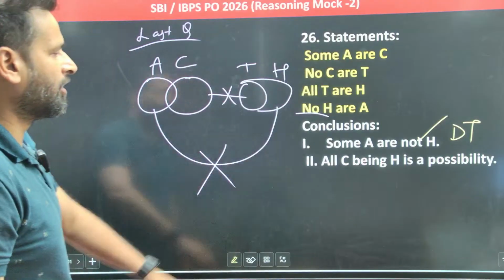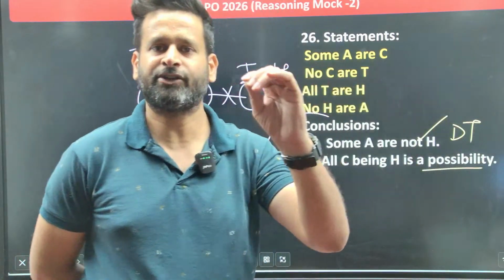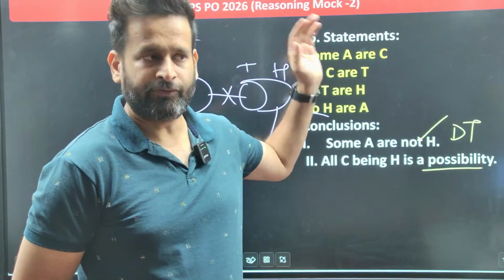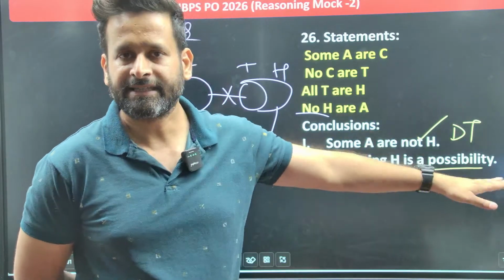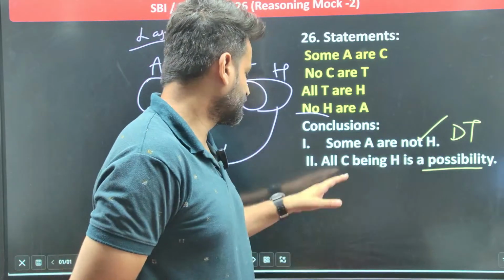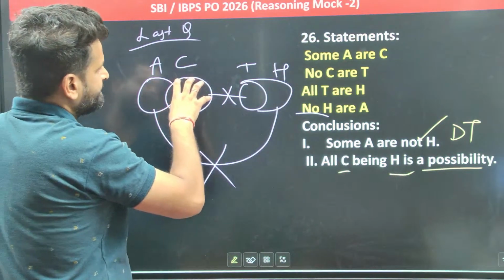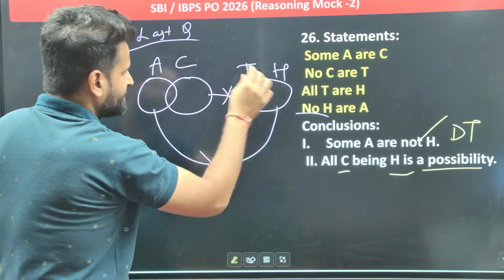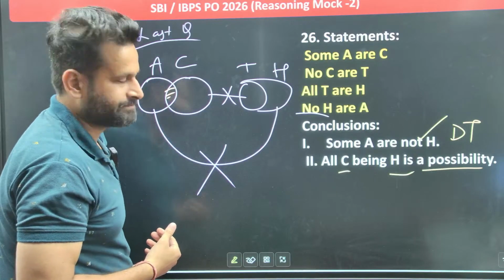All C being H. Whenever you have any conclusion or possibility, just do it as it is. Whatever the conclusion is saying, try to do that. If you are able to do that, that means this is right. If you are not able to do that, this is wrong. Let's try to do this. All C being H. This is C. If I place complete C inside H, then this complete C will bring some A along with it.